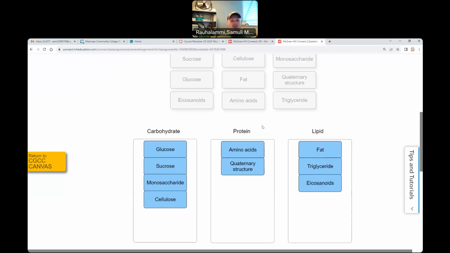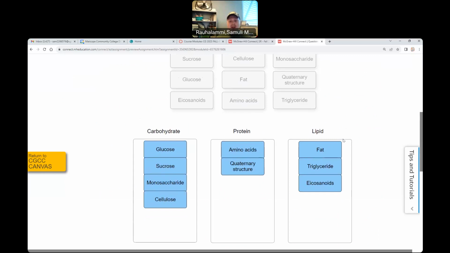For the proteins, the amino acids are a good example of this, and we're also seeing the quaternary structure. You remember that we could study proteins at various different levels. So this is one example of that.